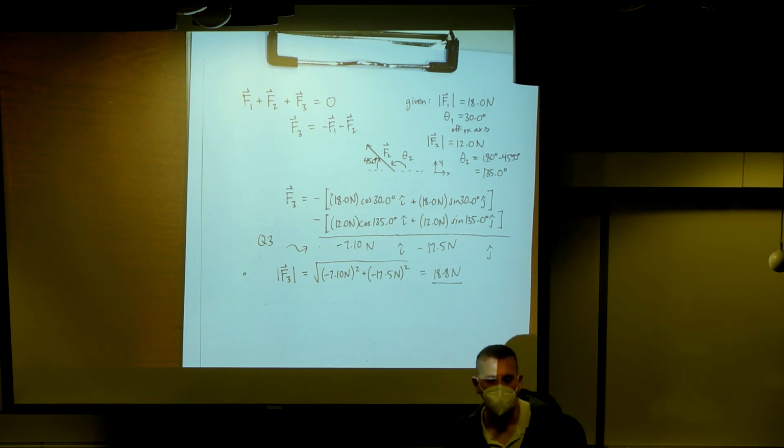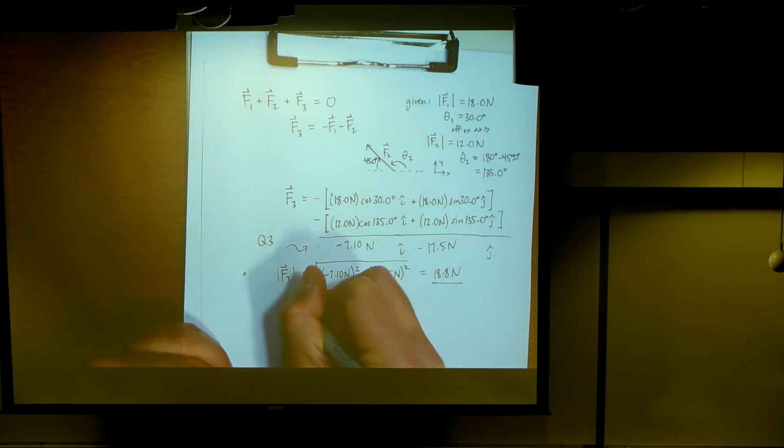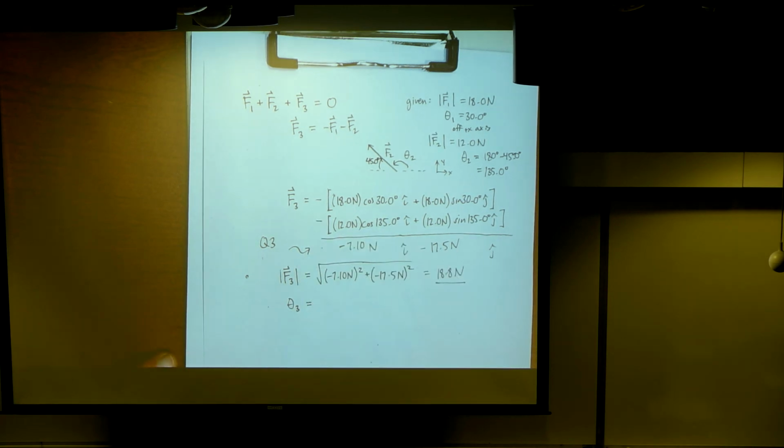But then, in what direction do we have to pull? That's an angle now, right? So, that angle I'll call theta 3. And we know how this works by now.